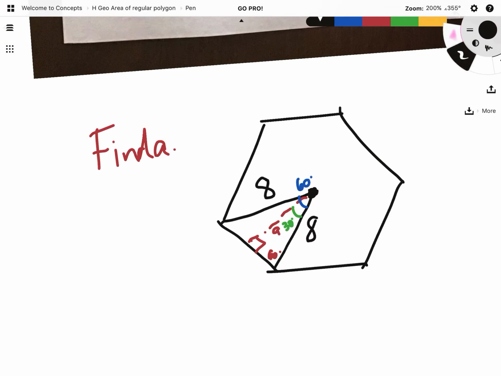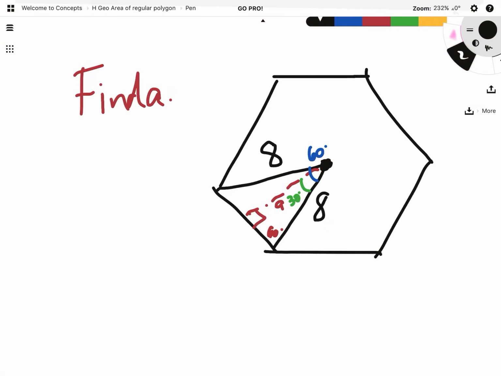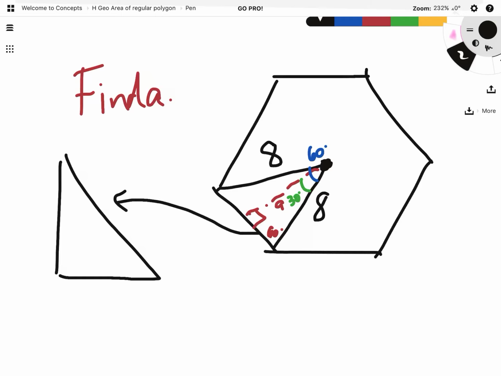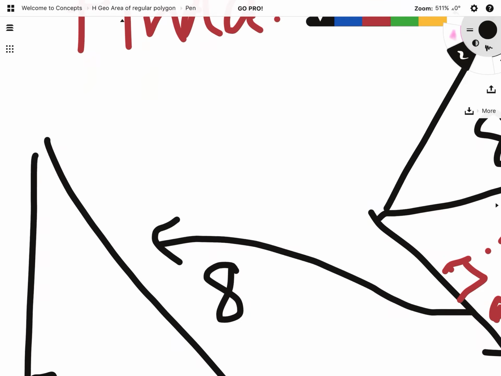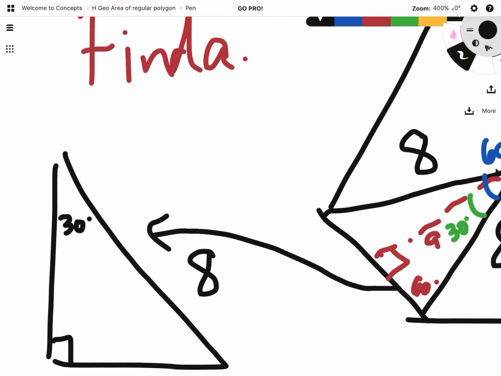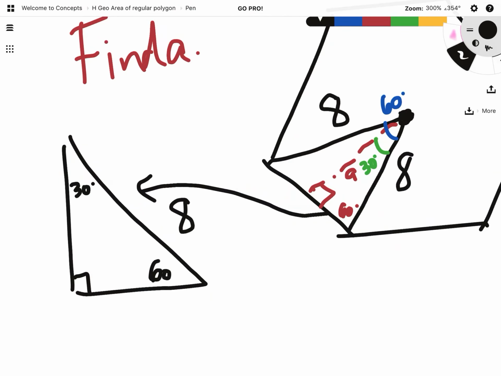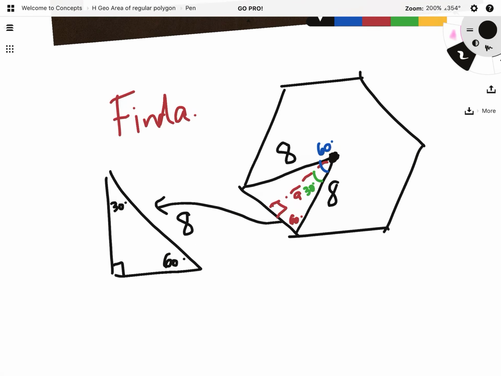So let me draw that triangle out a little bit neater separately. So what we have then is this. So we have 8, we have 30 and 60. If you remember the rules, so 2x, x root 3.